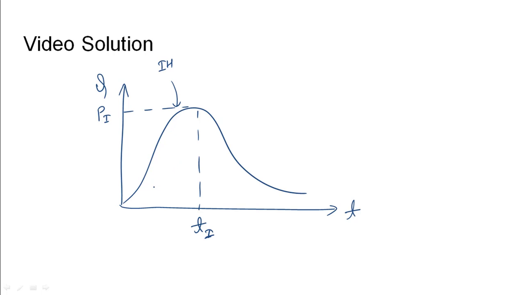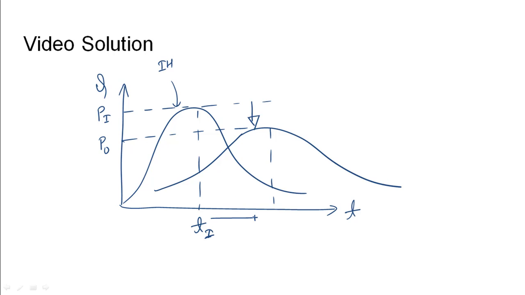So for this inflow hydrograph, the outflow hydrograph that is formed is somewhat like this. So for the outflow hydrograph, the peak is attenuated, it goes lower, and the time of occurrence of the peak increases to a value of To.